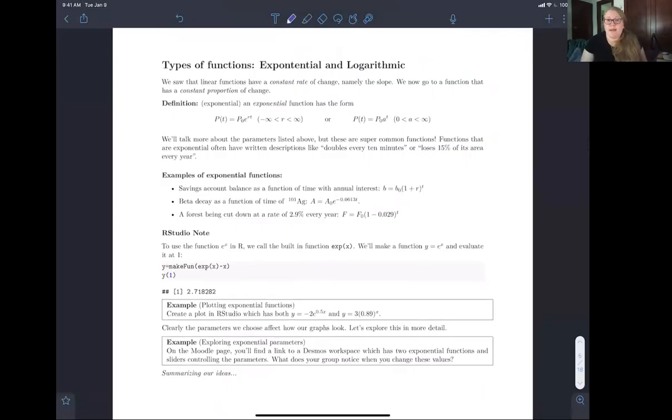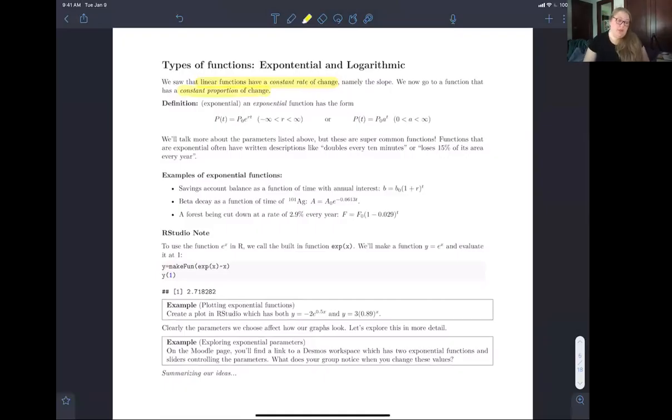So when we talked about linear functions, we said we were looking at functions that were having constant rates of change. Well, here we want to have a constant proportion of change. There's something really different there, which we will see in a second. So linear functions have a constant rate of change, which is exactly the slope. We're going to now go to something that has a constant proportion of change. That's called an exponential function.